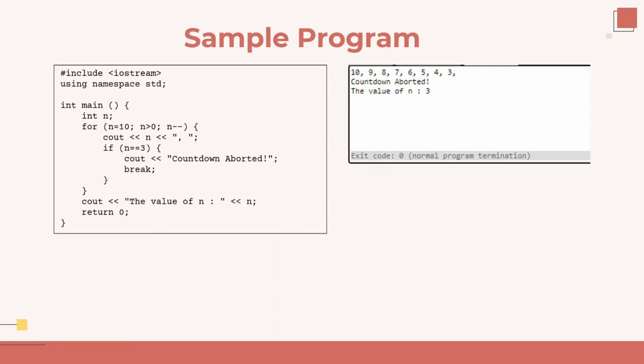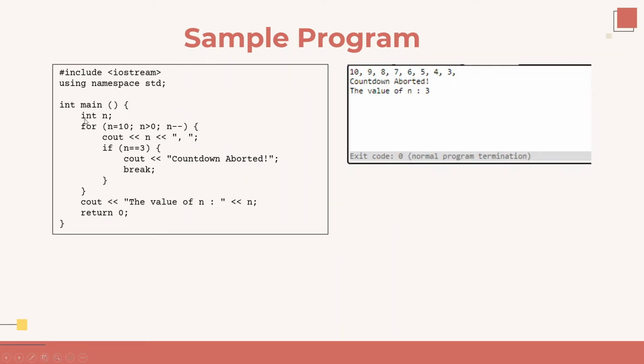This is an example of a sample program. Here you can see that we use the n variable. First we need to declare the n variable, and then for the looping structure we use for. The initial value of n is 10, and then the condition is n more than 0, and then the decrement n minus minus, so it will decrease one by one.